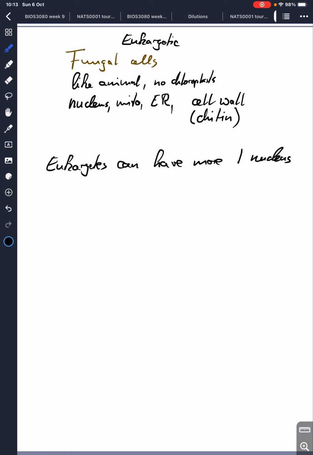So, for example, some skeletal muscle cells usually have several nuclei. Some protists, these are single, very small eukaryotic cells, and there are lots of protist cells.